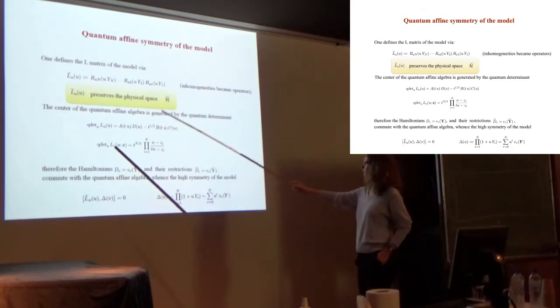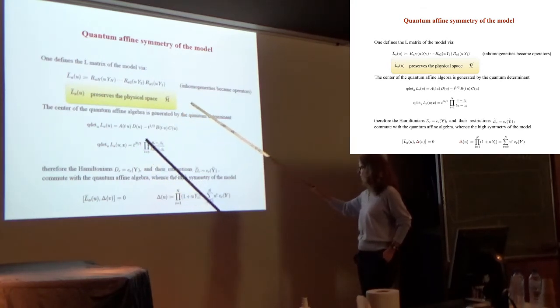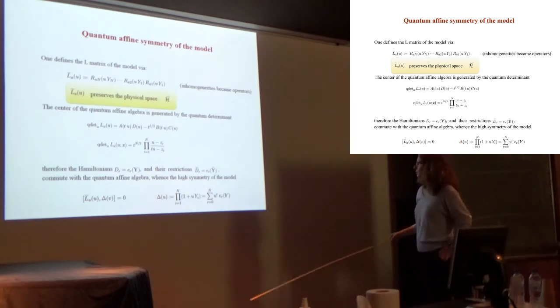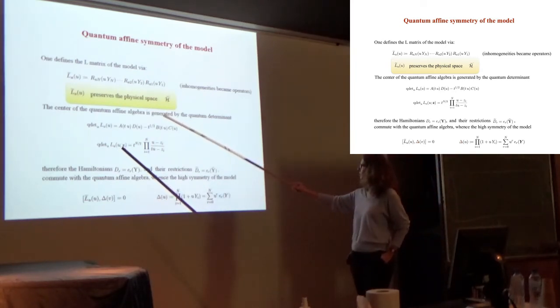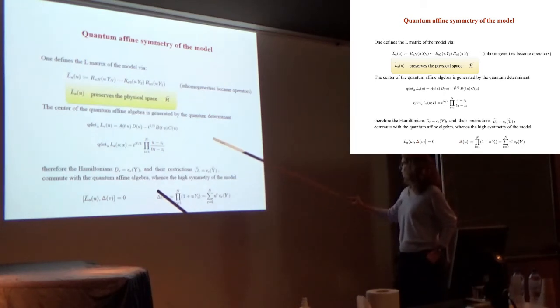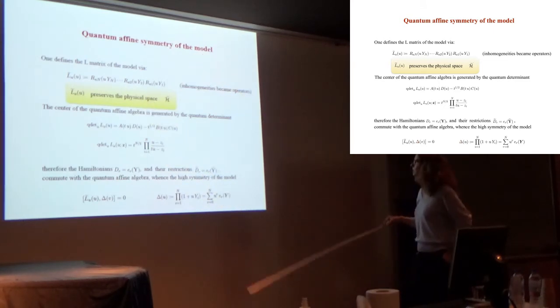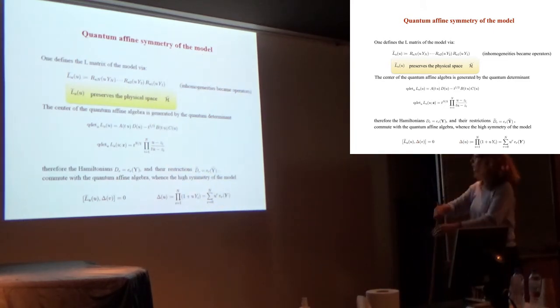So in the presence of inhomogeneities, this quantum determinant is given by this number. Now if you replace the z's with operators y, you will have here some combinations of the generators of the center of the DAHA. So they will commute with all the elements of the L matrix.